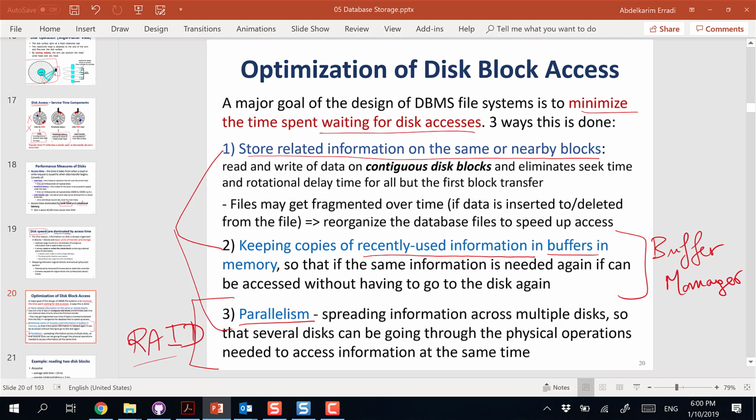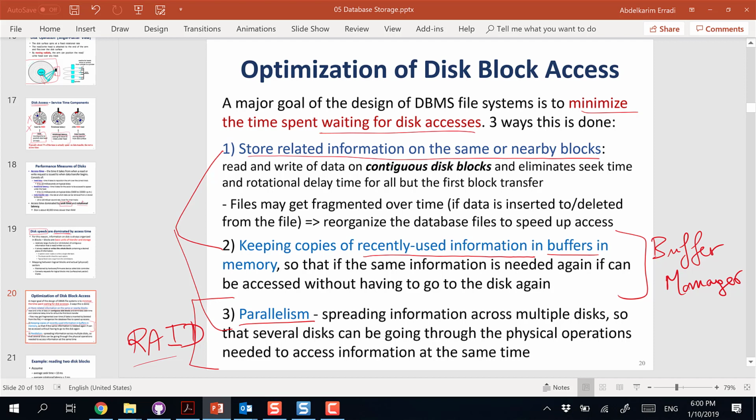So this gap in speed between the memory and the disk is a major problem in the storage engine design. Okay, and we need to do something about it. So database, or the storage engine in particular, uses these three major techniques to help address this speed gap between memory and disk. The first technique is to try to keep the blocks related to a particular entity or to a particular index, keep them contiguous next to each other to avoid the seek time and the movement of the disk arm.